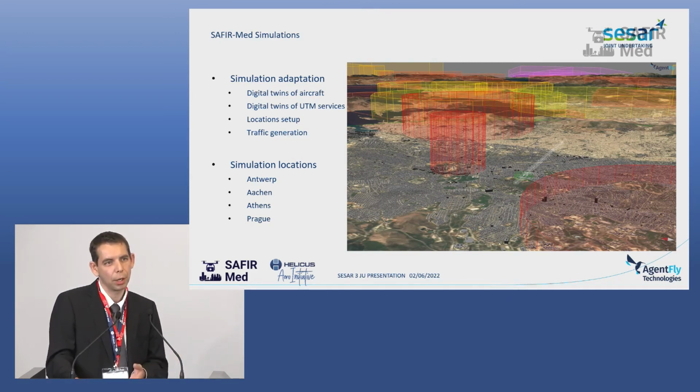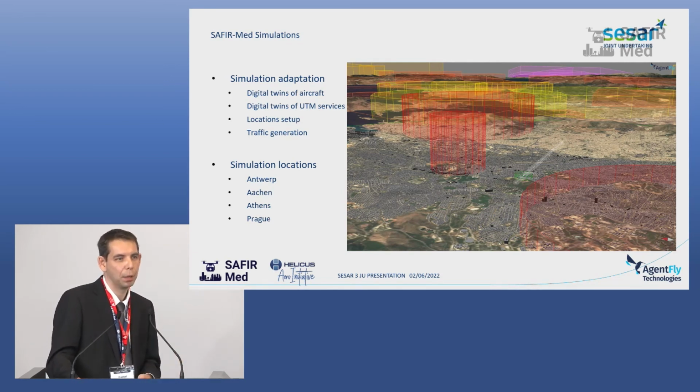You can use the historical traffic if it exists, for example manned flights within the area, or you can use virtual traffic generators to generate thousands of flights of different kinds of drones, missions and traffic. You can run all this together and evaluate the impacts and the metrics.